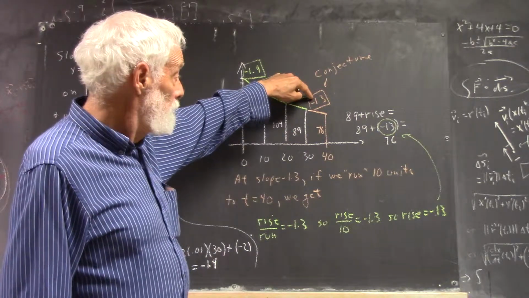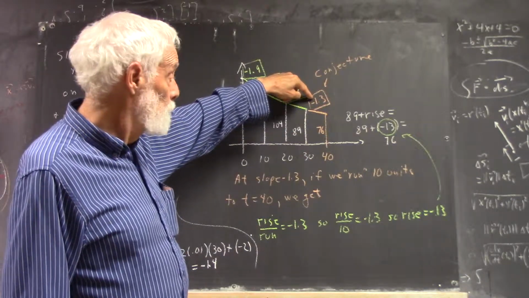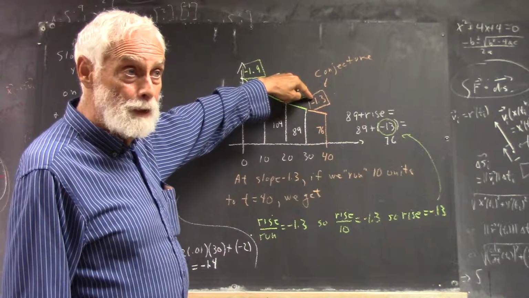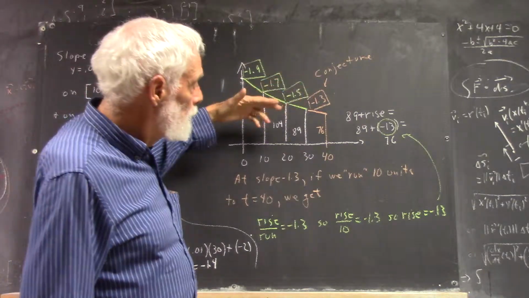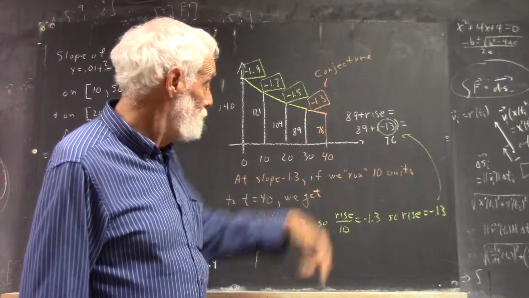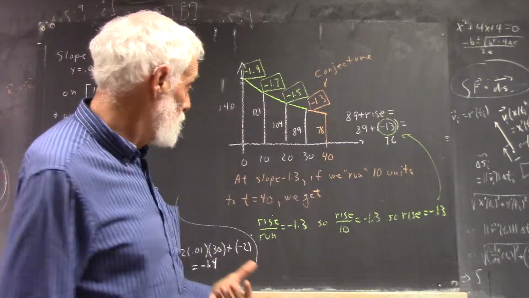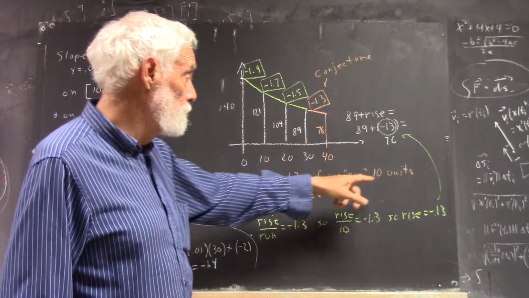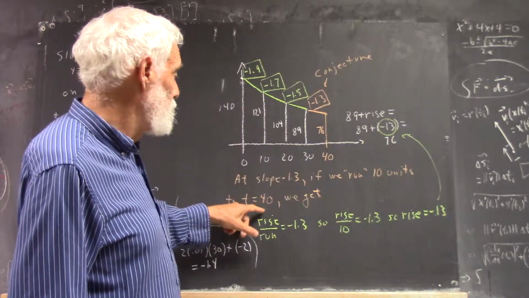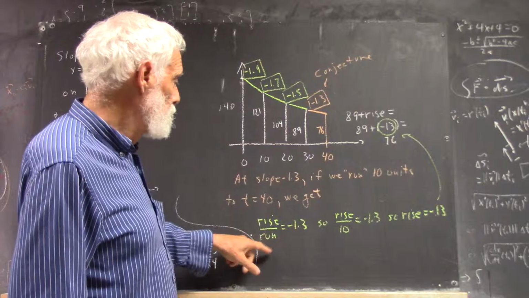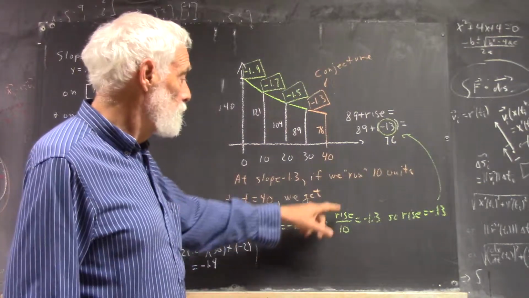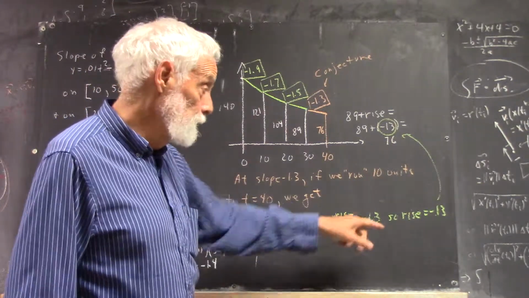That we get that the next slope would be -1.3, and that slope, if we extend for a run of 10, is going to give us a rise of -13. We write that out as slope -1.3 for run 10 units to t equals 40. We get rise over run -1.3, so the rise over 10 is -1.3.